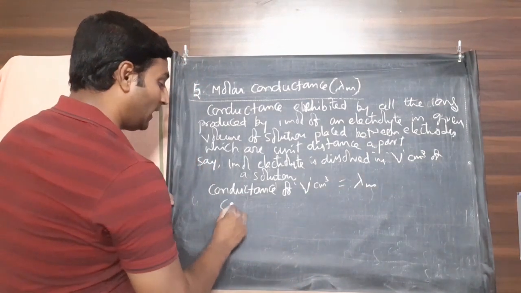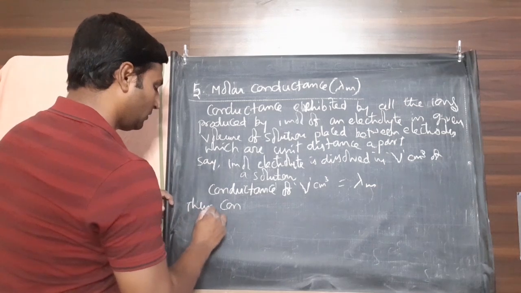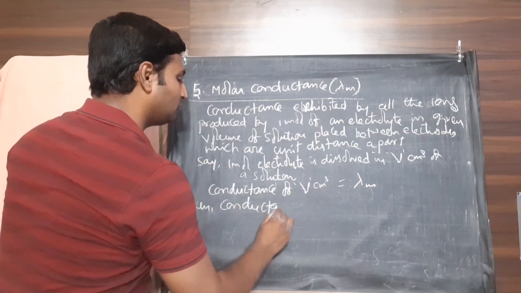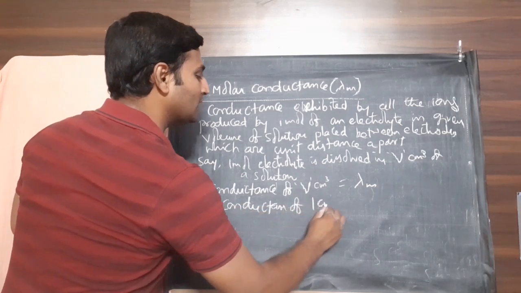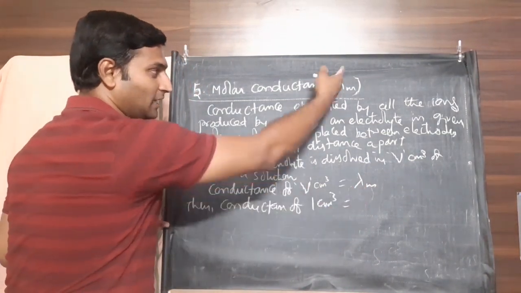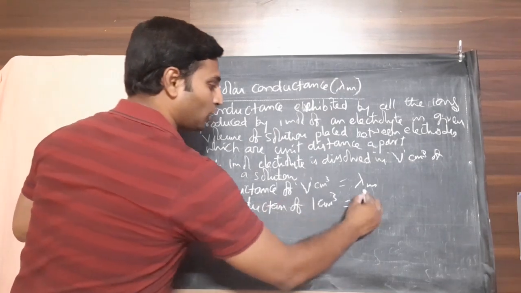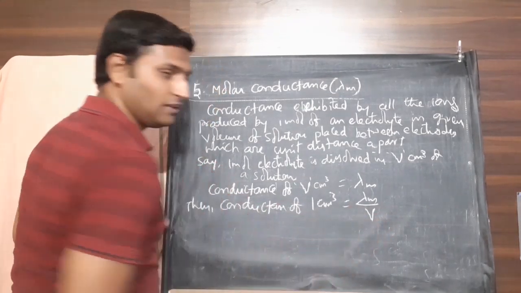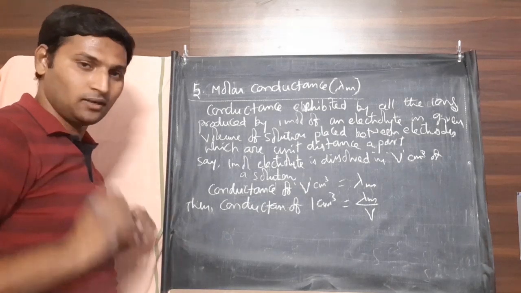Then, what is the conductance of 1 centimeter cube of this solution? V centimeter cube is exhibiting lambda m. Then 1 centimeter cube must be exhibiting lambda m by V, right? Good.